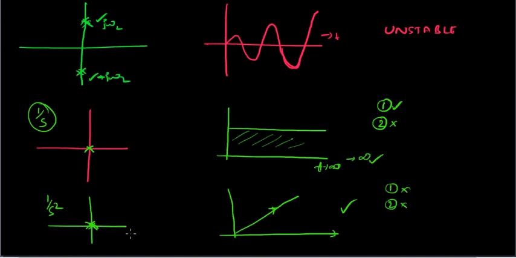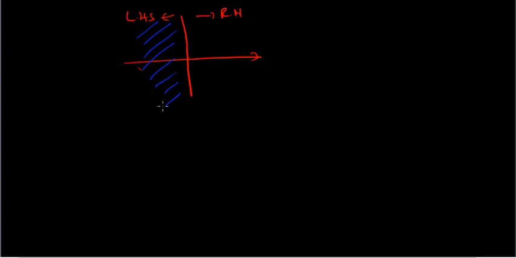Looking at all the examples we have seen previously, we can make some conclusions here. If you take the S plane, this is the right half of the S plane and this is the left half. If I have poles in the left half of the S plane, we have seen that the impulse response decays.